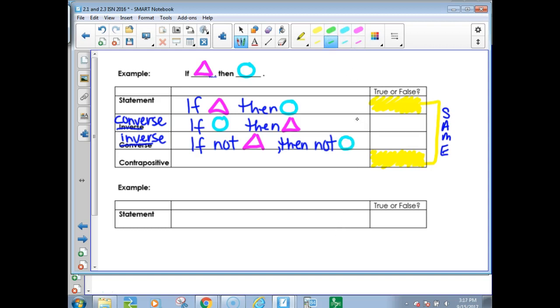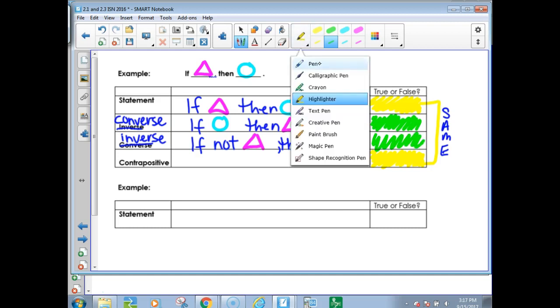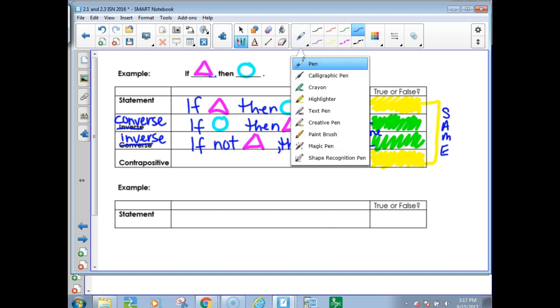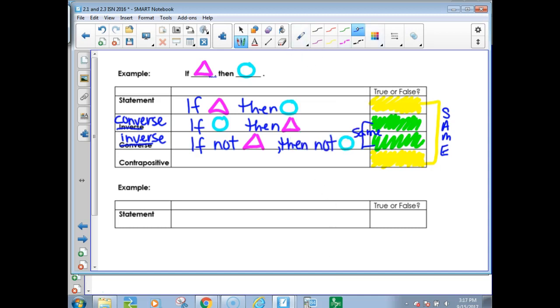But these two that we just talked about, the converse and the inverse, they're going to have the same truth value. So these two will be the same. And then came the old contrapositive, that ginormous word, contrapositive, which says if not circle, then not triangle.